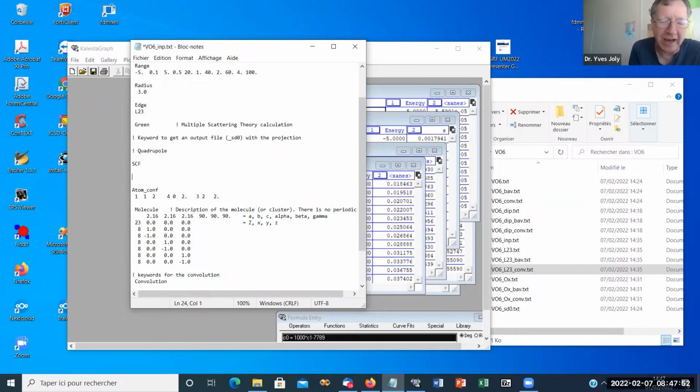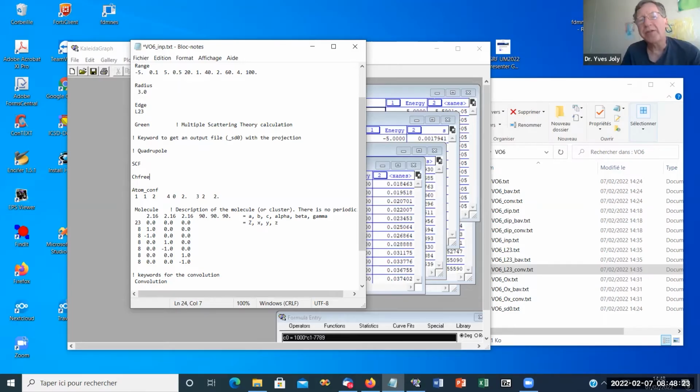So I have added a keyword, I think it's charge free, I would have to check. In that way, it will not stop. It's just a way to say that even if the molecule is not neutral, the code must run anyway.